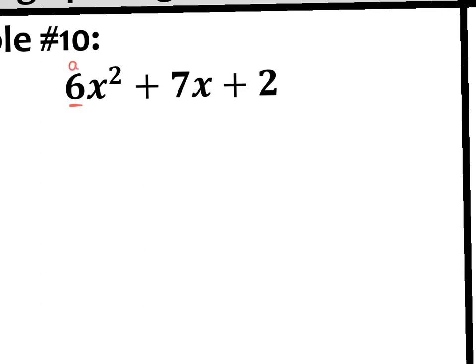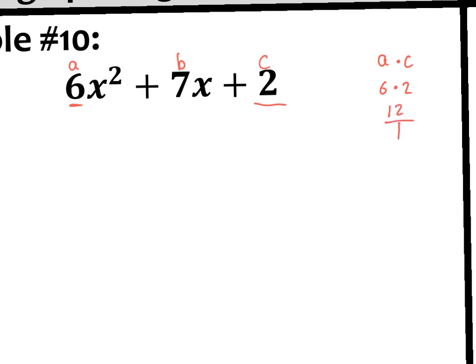So here's my A, my B, my C. I start out by multiplying A times C, 6 times 2. 6 times 2 is 12.